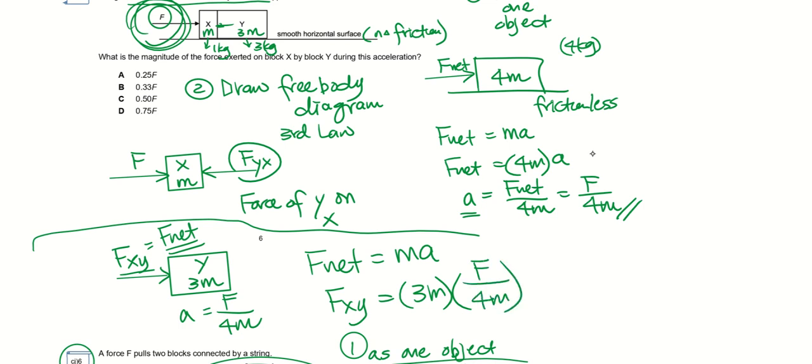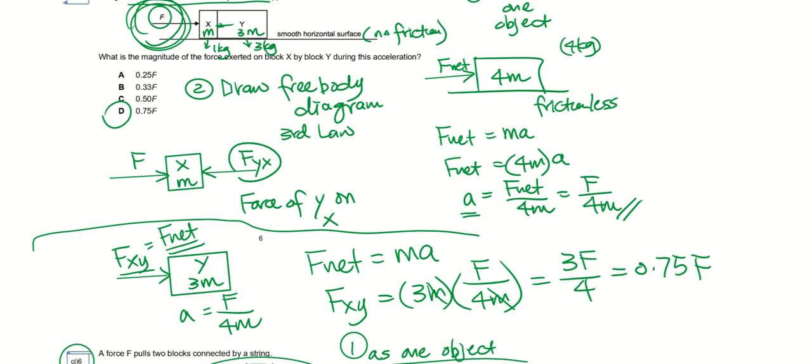Okay, so m and m cancel, so it becomes 3F over 4, which is 0.75F. So this is the force that x exerts on y, and the answer is D.